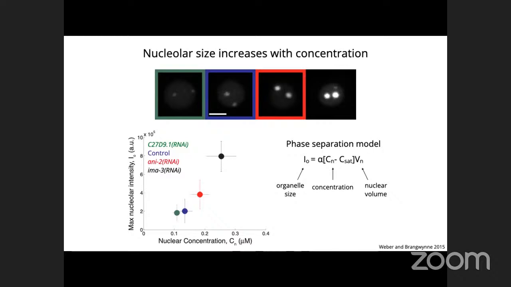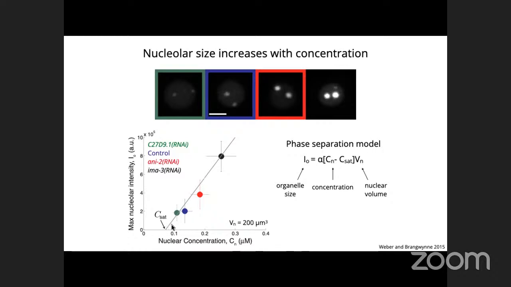The alpha is just the intensity per molecule, not important. So we can measure each of these things independently and then calculate and predict what the organelle size should be. And that is what I get. And this is not a fit, this is a prediction. This is like the best prediction that you can ever ask for in biology. Like it actually goes through the points. It's amazingly accurate. Biology is messy, it's not physics.